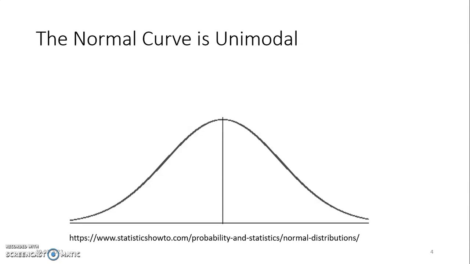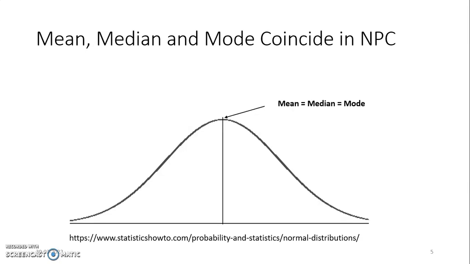That is bilateral symmetry, the left side is equal to the right side. Next, the unimodal: there is only one point in the curve which has the maximum frequency, exactly here. So the normal curve is unimodal. It has only one mode.